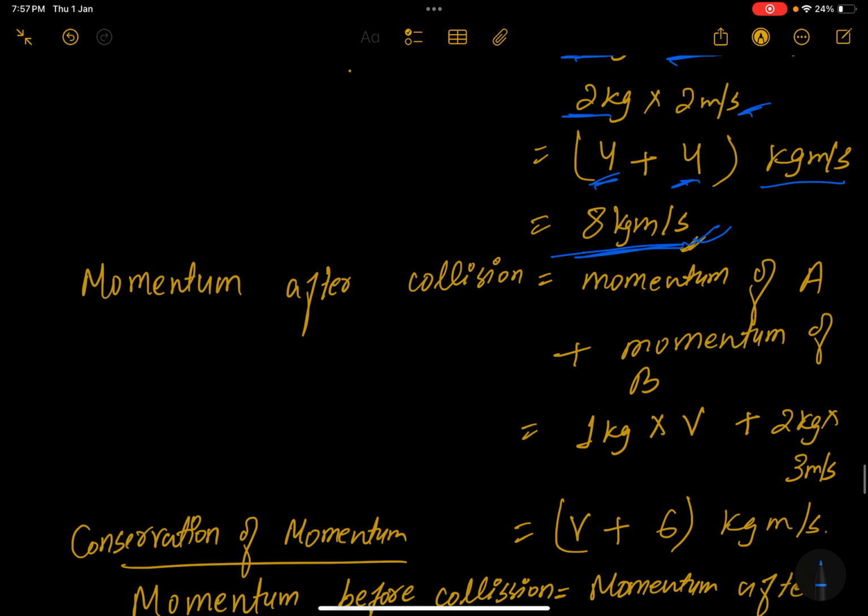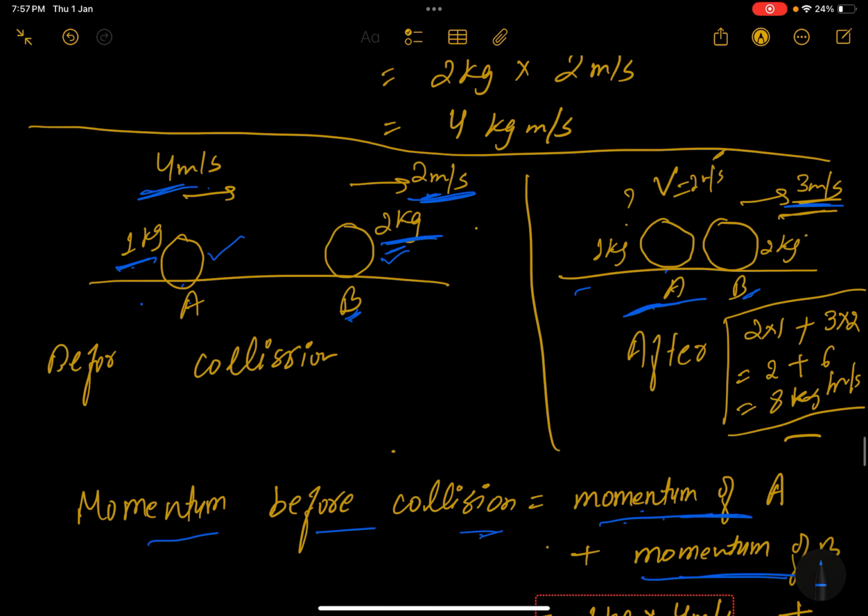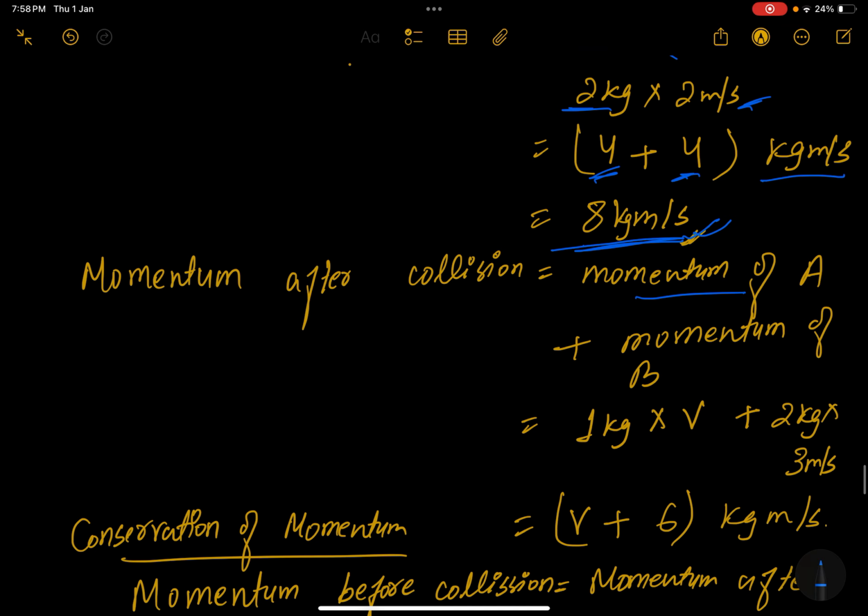Now we will find the momentum after collision. We don't know the velocity of A, so we are assuming it as V, and we know the mass of A, the mass of B and the velocity of B. Momentum of A is mass of A into velocity of A. Mass of A is 1 kg and we have assumed velocity as V. Now momentum of B: mass of B into velocity of B. Mass of B is 2 kg and velocity of B is 3 meters per second.